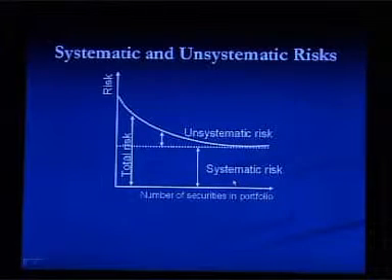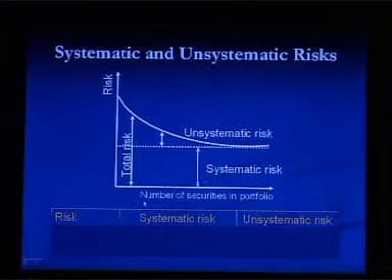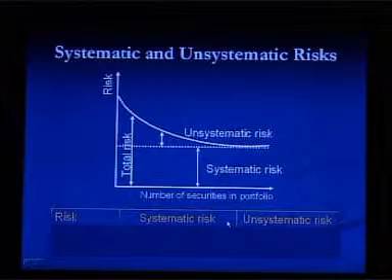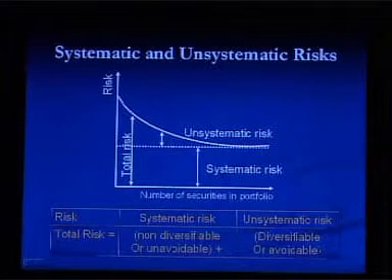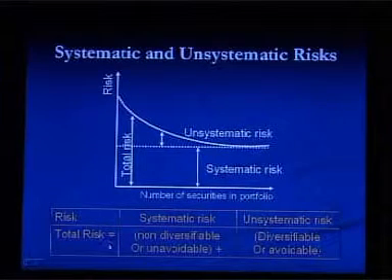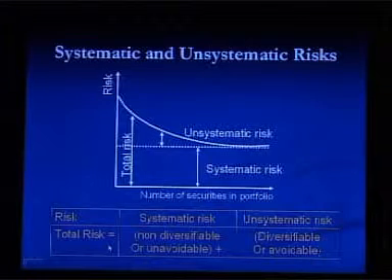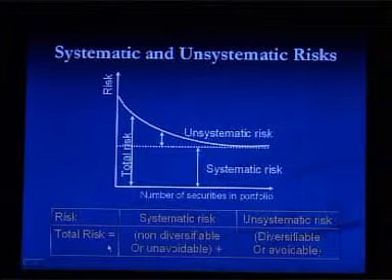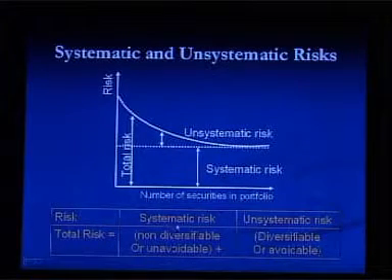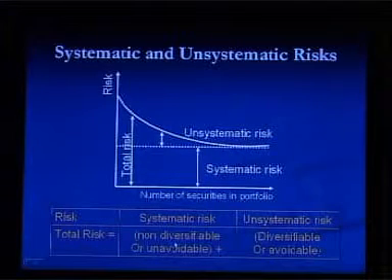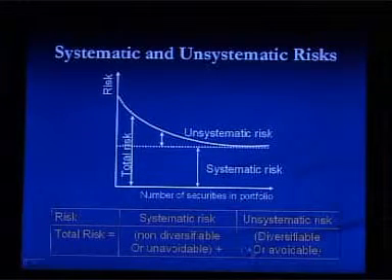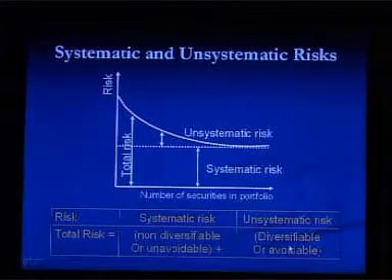So, we can say that there are two types of risks, systematic and unsystematic, and you can see that total risk is the sum of systematic risks and unsystematic risks, where systematic risk is non-diversifiable or unavoidable, and unsystematic risk is diversifiable or avoidable.